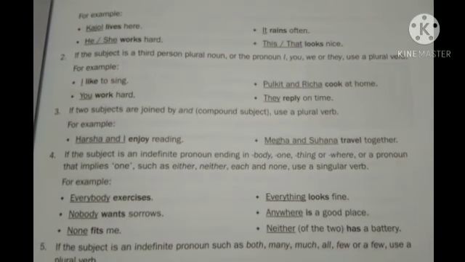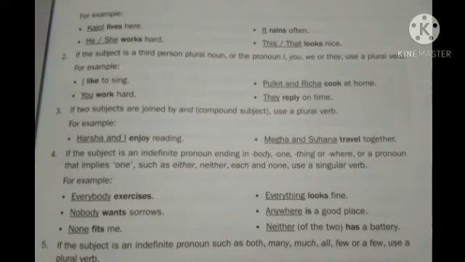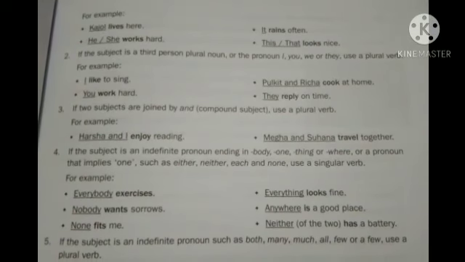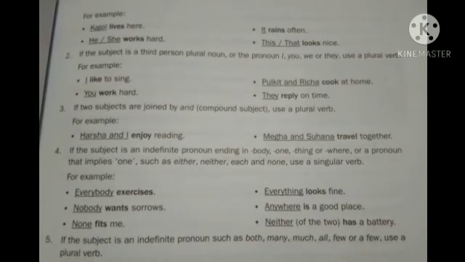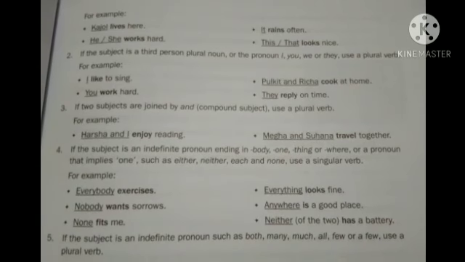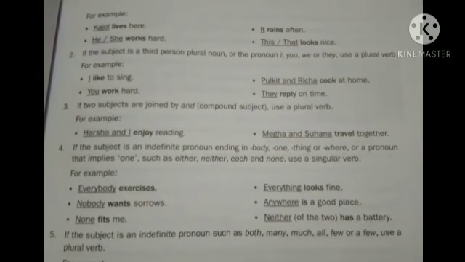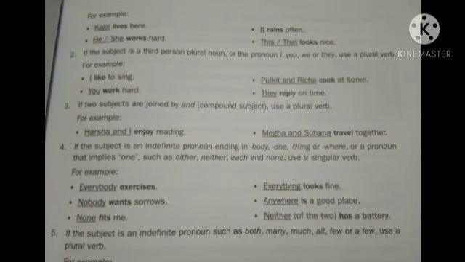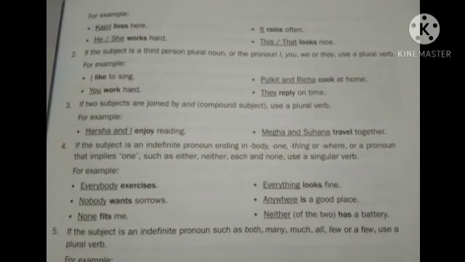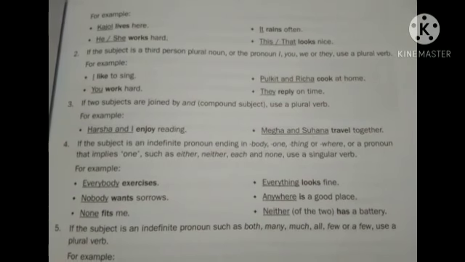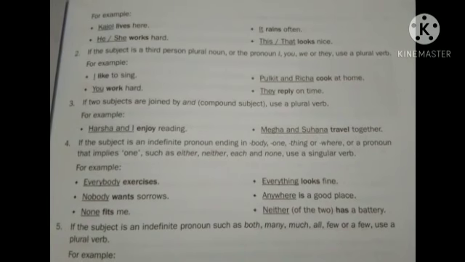If two subjects are joined by and, which is a compound subject, use a plural verb. Because when do I use and? When I'm talking about two or more things. Two or more things means it is again plural, many are there. So I'll be using a plural verb. Whenever the word and comes, use a plural verb.